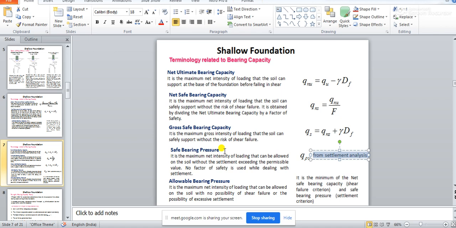Allowable bearing pressure is the final thing we need to reach for designing any foundation.